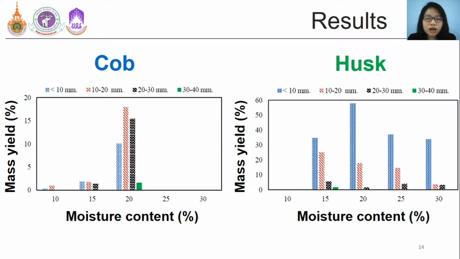And most of pelletization of corn husk provide short length of pellet for all initial moisture content. The highest yield for the formed pellets was also found at the same initial moisture content of 20%.